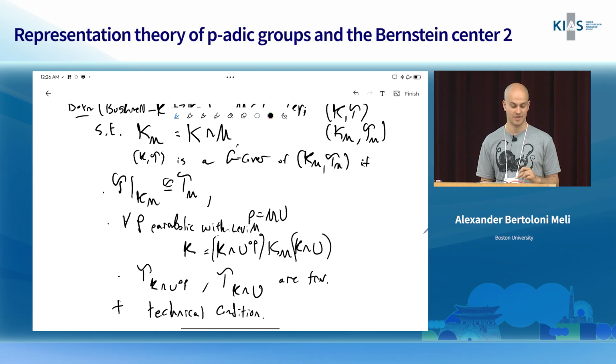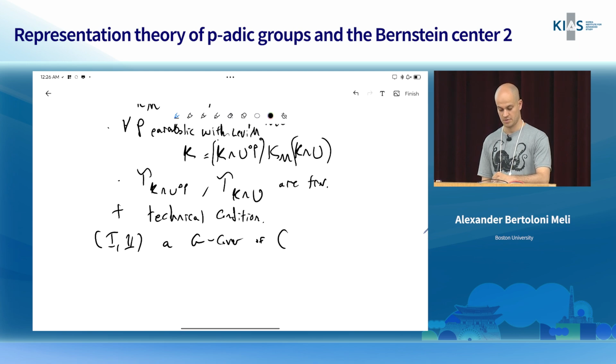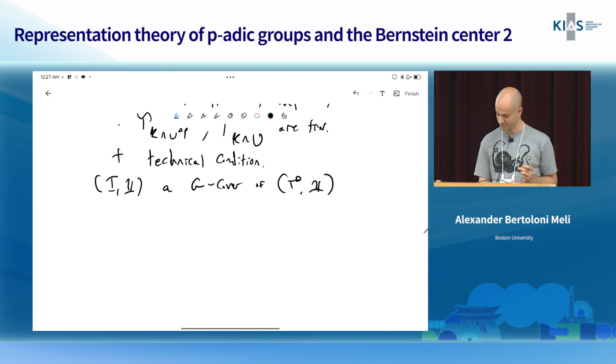And what you're supposed to be thinking of is that the Iwahori and trivial is a G cover of T_0 and trivial. So there is some factorization of Iwahoris that I'm invoking here and not proving for you, but okay, fine.